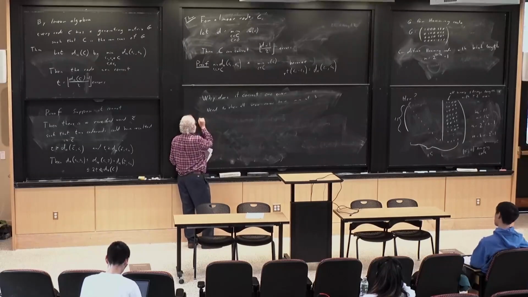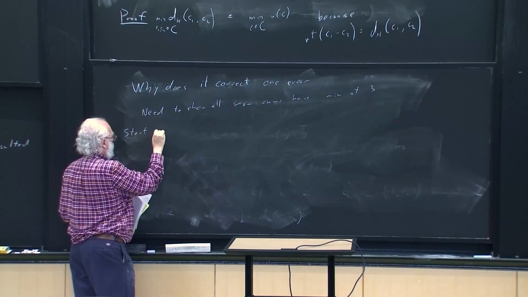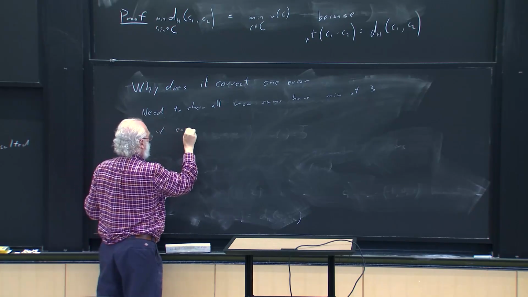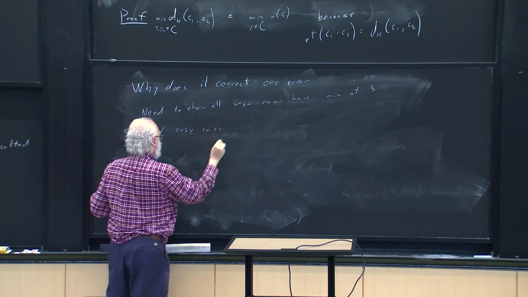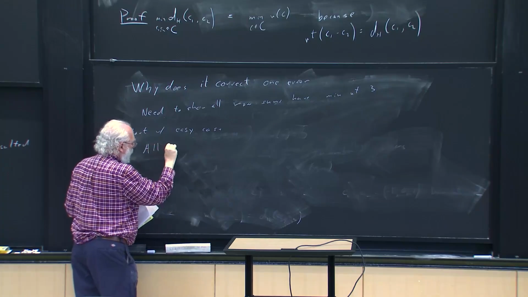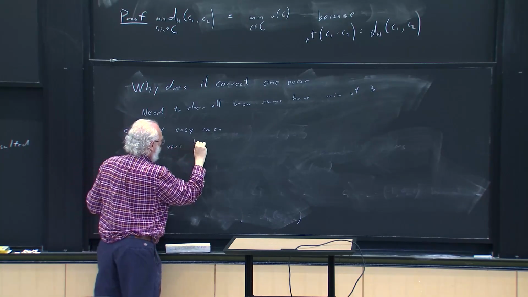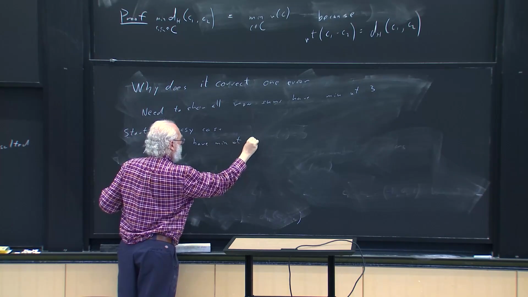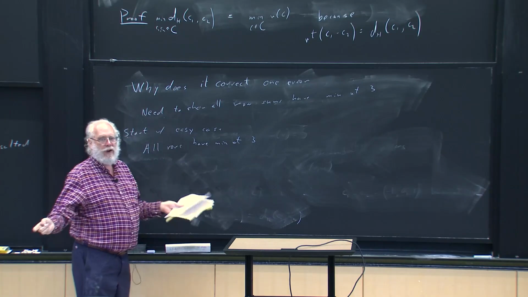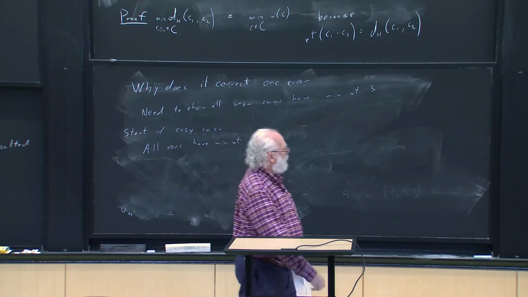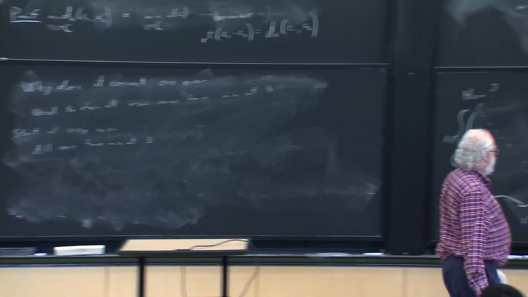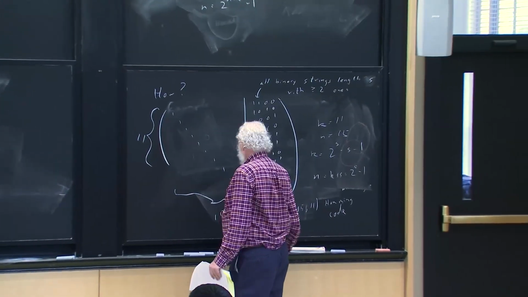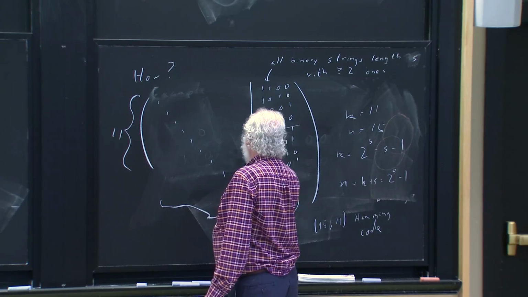So let's start with the easy case. All rows have weight at least 3. Why is that? Well, let's pick any row, let's say this one.